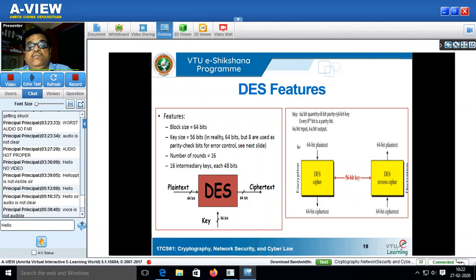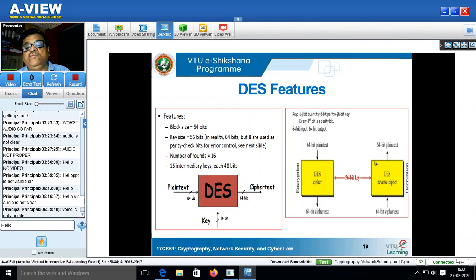Here, top down, round 1, round 2, round 3, up to round 16, we convert the original plain text by splitting it into many blocks. For each block, using the key and intermediate keys in each of the rounds, we convert the plain text into ciphertext. At the receiver side, from the ciphertext we start reconstructing the plain text.